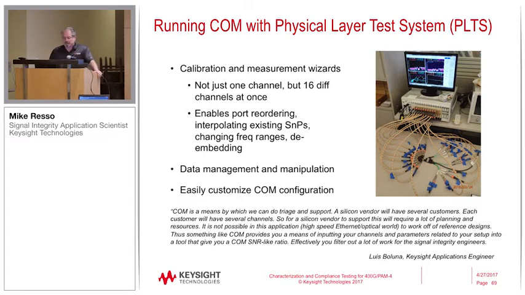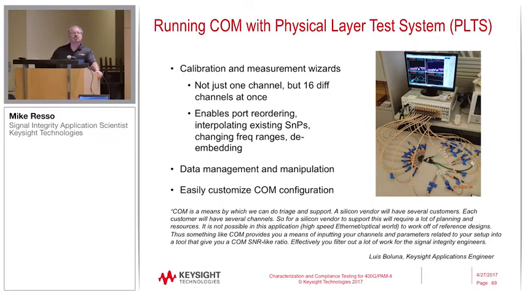The nice thing when you have an environment like Physical Layer Test System software, that I'll show you, is you can do port reordering. If you measure the ports improperly for whatever reason, you don't have to start over. You can just reorder the port number. You can interpolate existing SNPs. You can extrapolate. You can truncate. You can change frequency ranges.